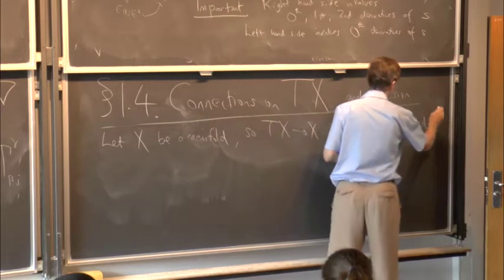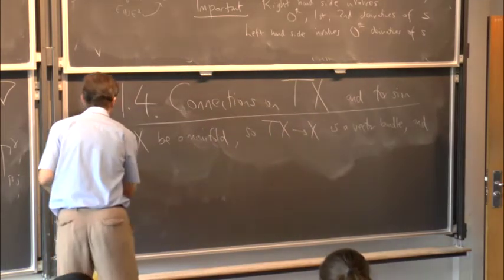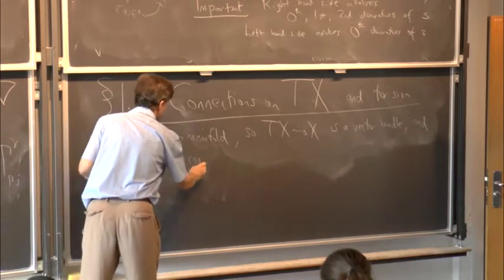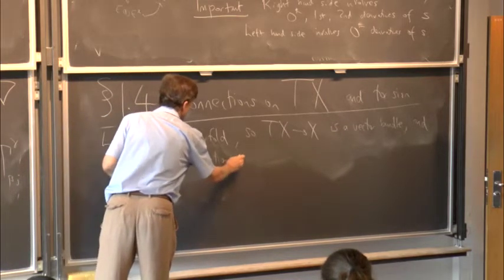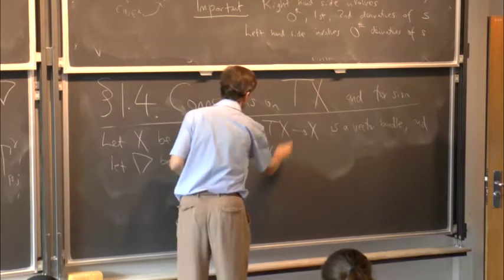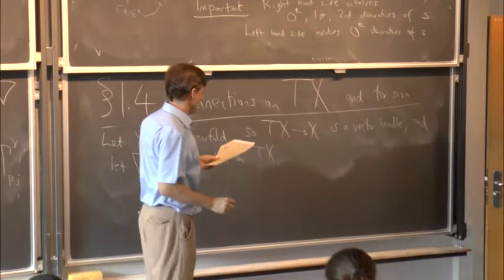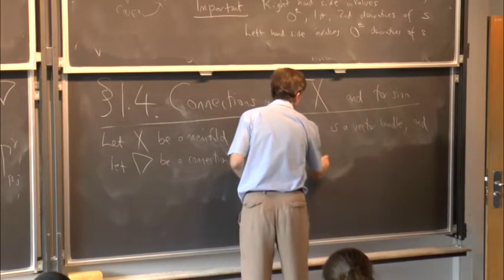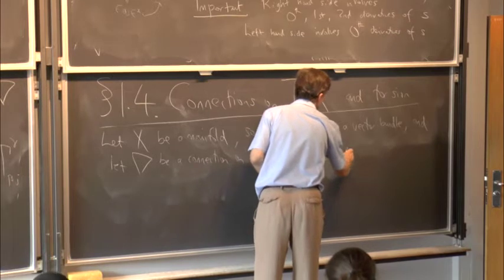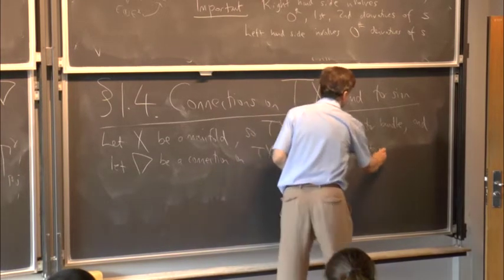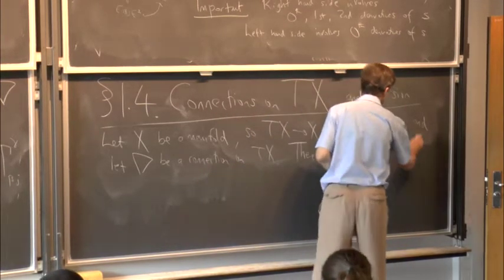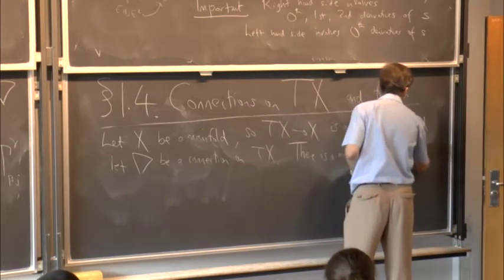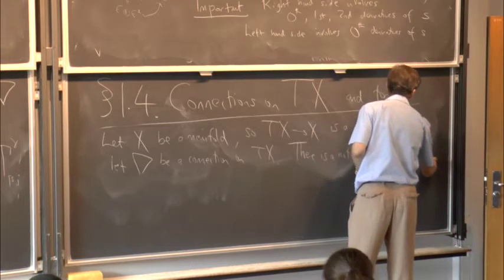And let nabla be a connection on TX. Well, there is then a natural tensor T, which in tensor index notation is of the form T upper A lower BC.